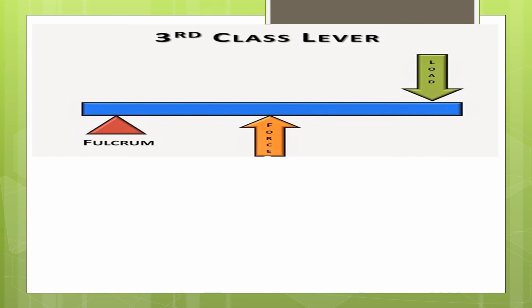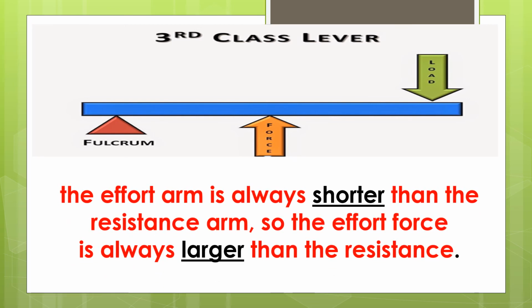So in third-class levers, the effort arm is always shorter than the resistance force arm, and so effort force is always larger than the resistance force.